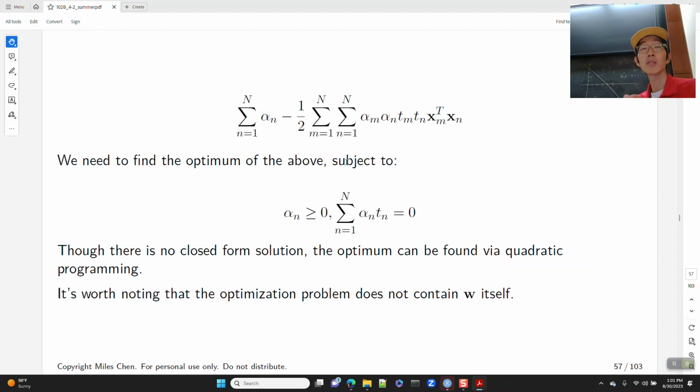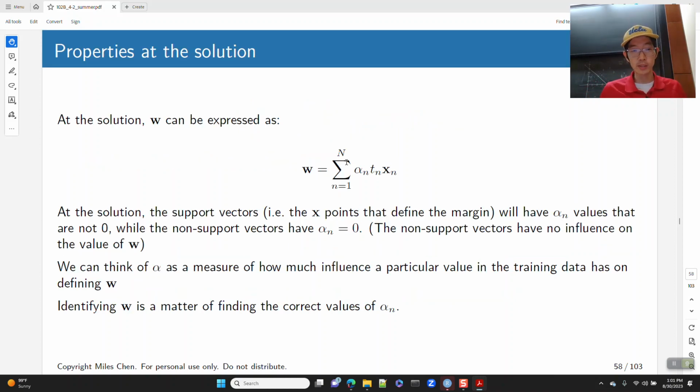The X are the values or the locations of those vectors or these points themselves. And alpha is just, how do we weight these things? And it turns out, basically, for everything that's not on the border, the alphas become 0. And the ones that are on the border do get some kind of weight.